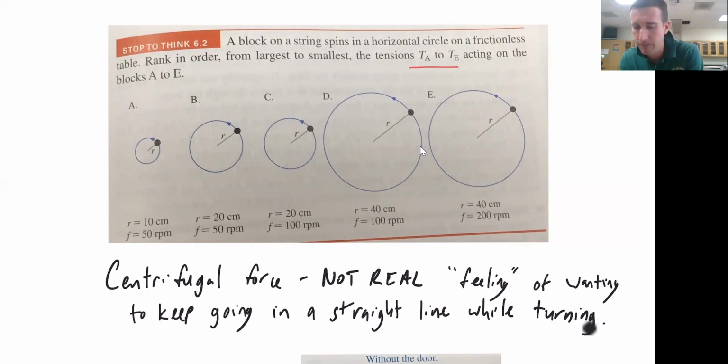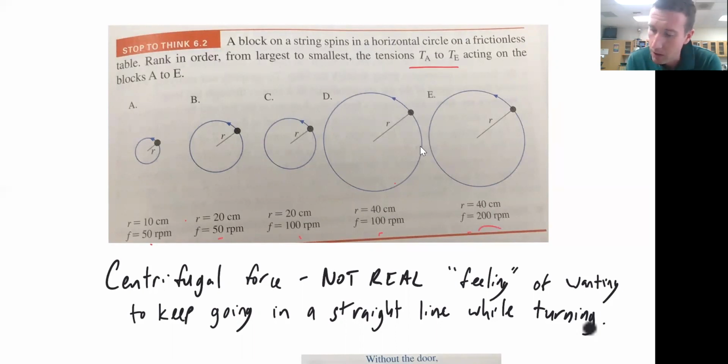So I've got frequencies and radii. The radius in this case got 2 times bigger there and 2 times bigger there. The frequency, this is the number of spins per minute, revolutions per minute, is going 50, 50, 100, 100, 100, or 200, 200.